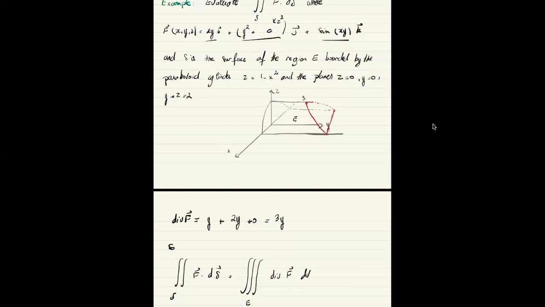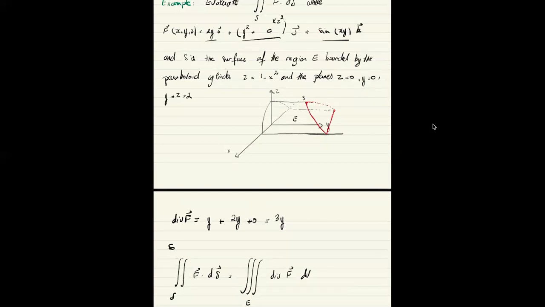So the integral of F dS over the surface S is the triple integral over E of the divergence of F dV. Okay? And now what's the easiest way to see this region?